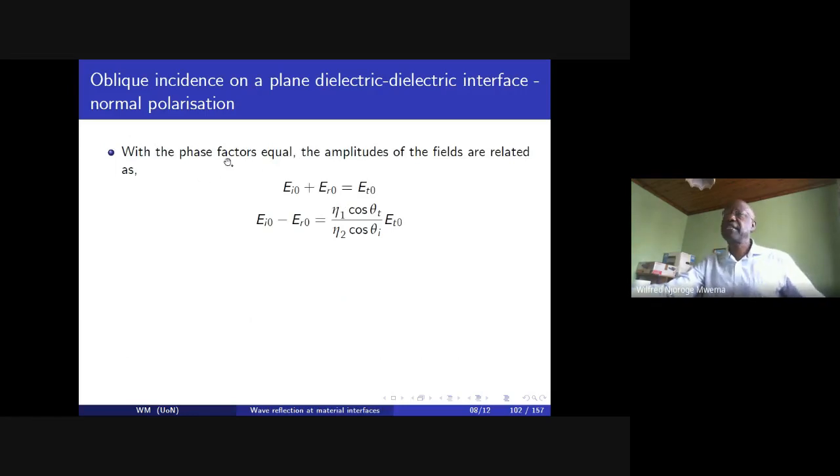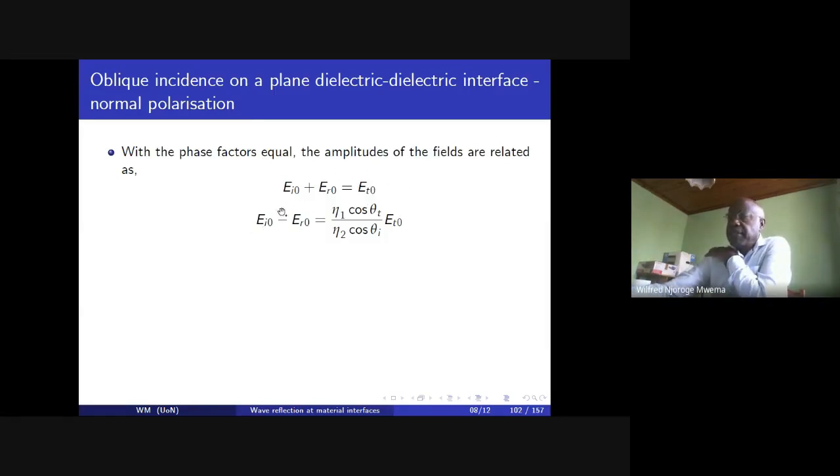So with the phase factors being equal, the amplitudes of the fields will then be related as the incident amplitude plus the reflected amplitude must be equal to the transmitted amplitude at the interface.